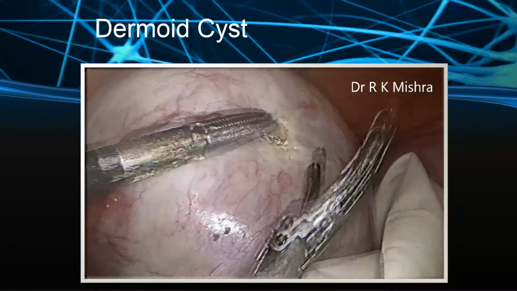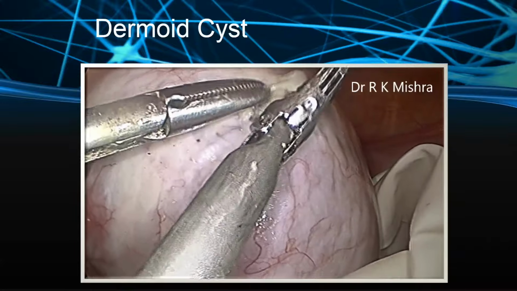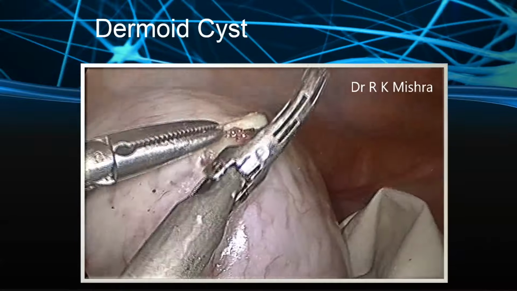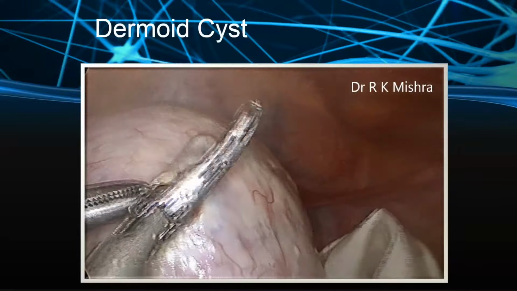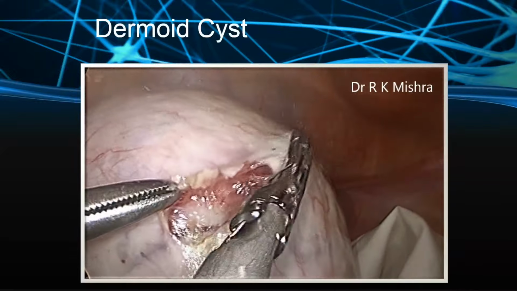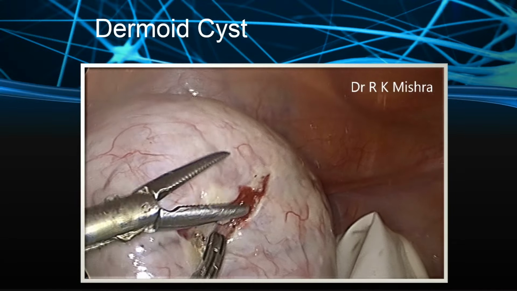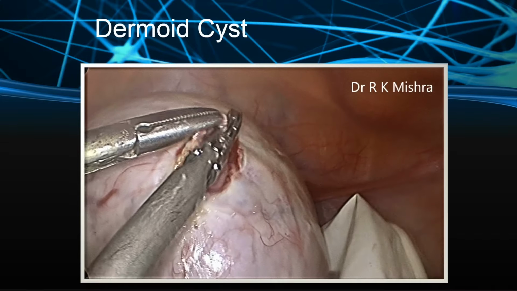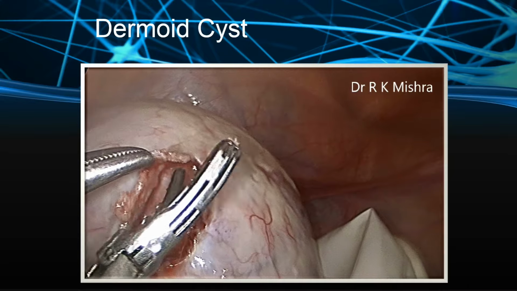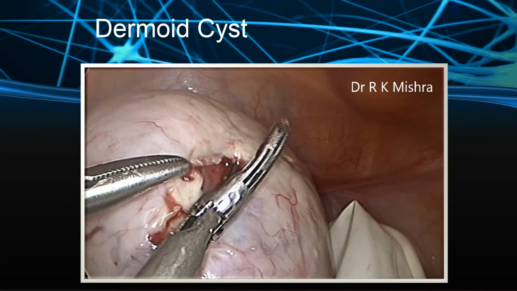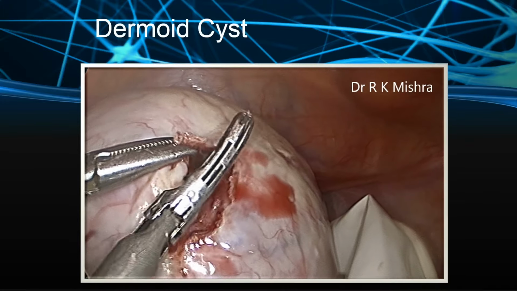Then you can introduce the harmonic inside and keep traction away from the tissue, and with knocking you can separate it, so that you can make a plane at least. We should try to remove the dermoid without rupturing it. How far you will be successful is not guaranteed. You should try to use an endo bag and avoid spillage.